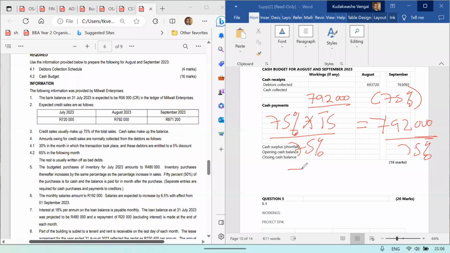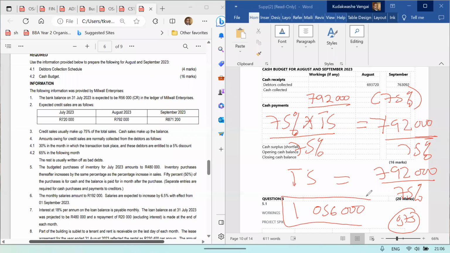So total sales is equal to 792,000 divided by 75%, and 75% in decimals is 0.75. In a calculator, 792,000 divided by 0.75 gives 1,056,000. These are your total sales. Are we in agreement?